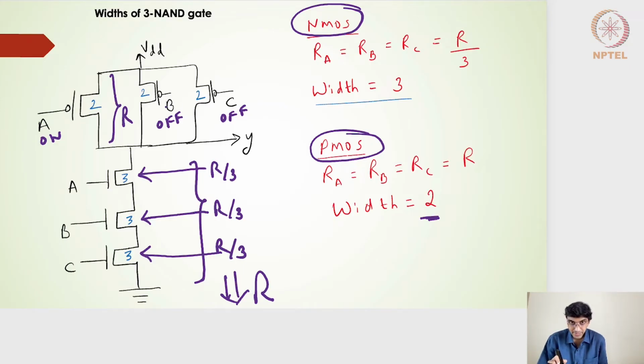For transistor B, when it becomes on, A will be off and C will be off, right?